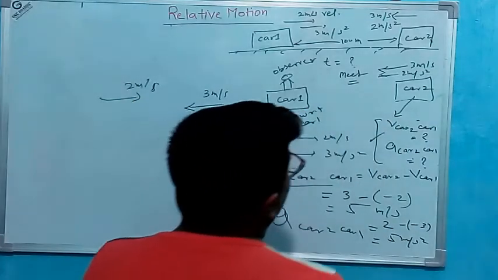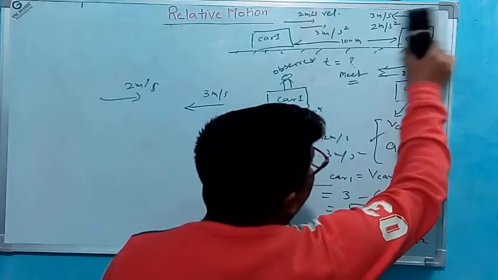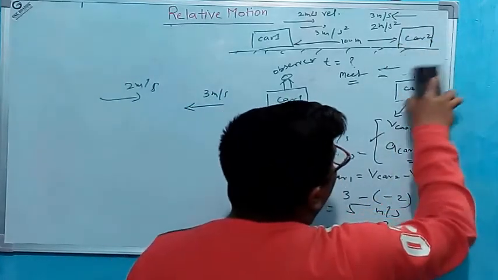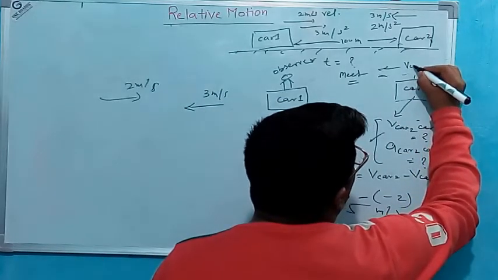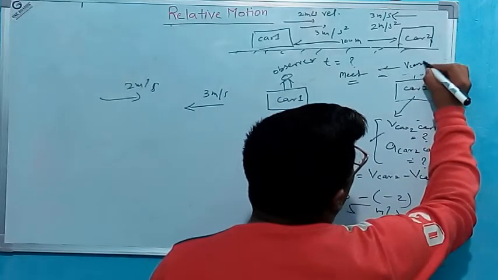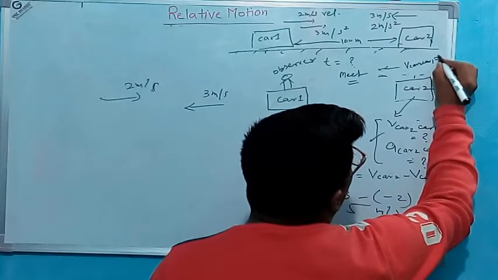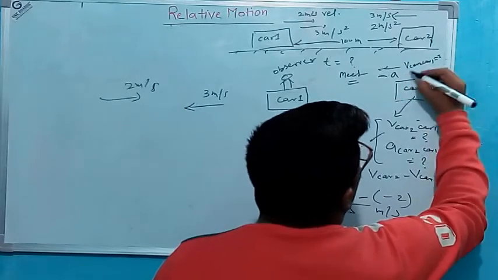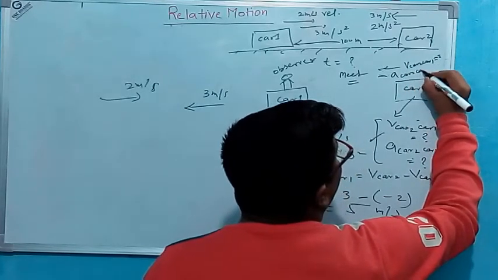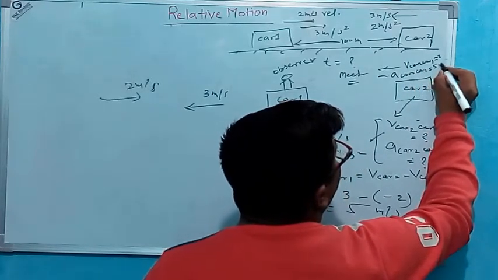Okay, so we can replace it with the relative velocity of car 2 with respect to car 1, which is 5 meter per second, and the relative acceleration of car 2 with respect to car 1, which is 5 meter per second square.